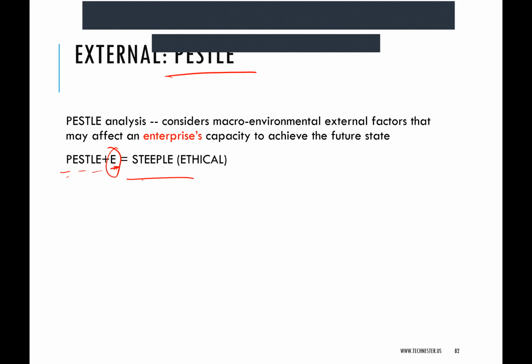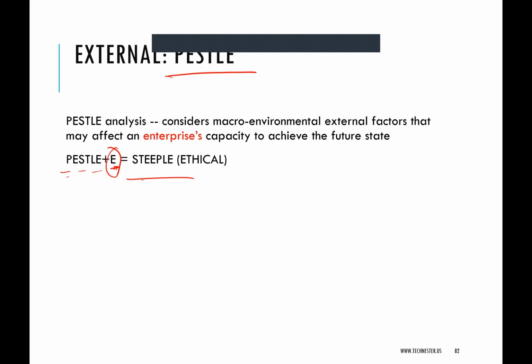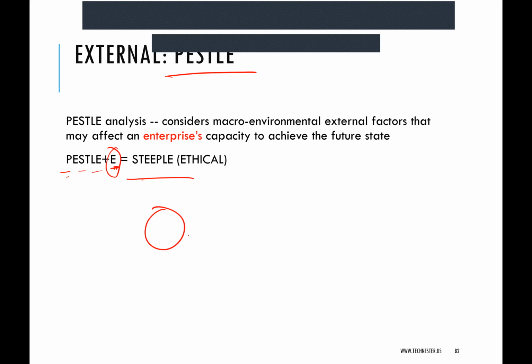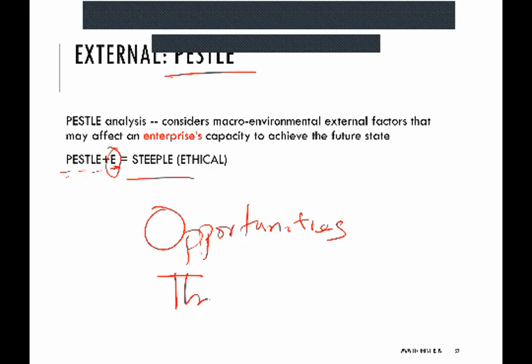PESTLE is used to look at external factors affecting an enterprise, right, that may either prevent it or help it achieve future state. So what PESTLE will give you is your opportunities and threats.